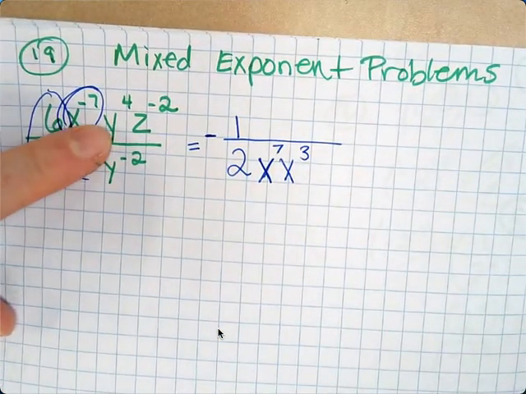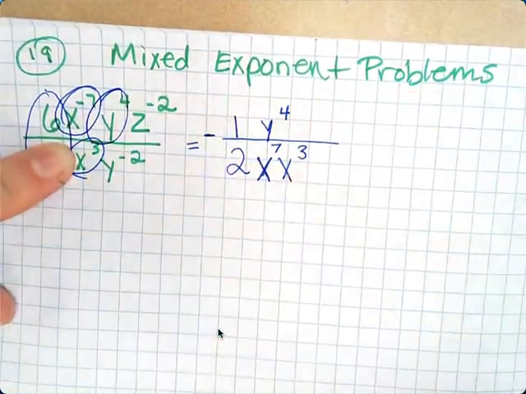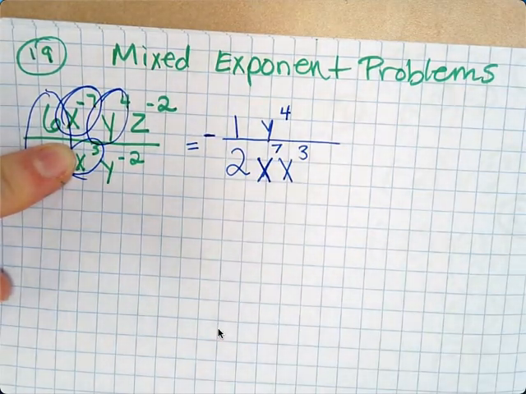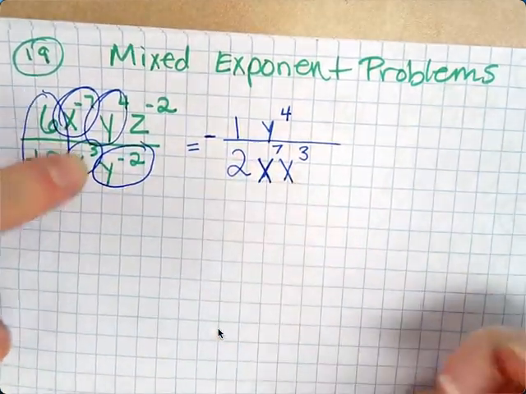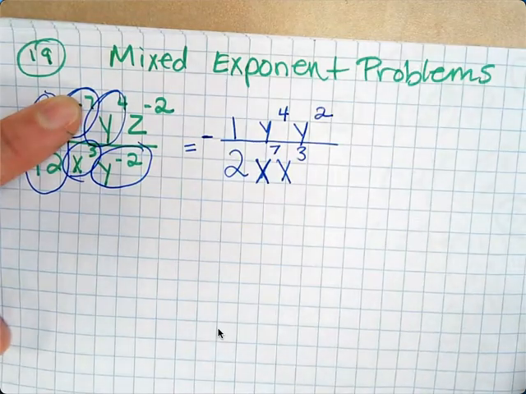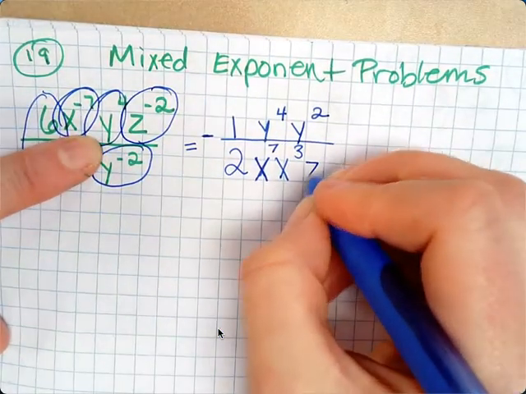Now the y's. The y to the 4 stays. I circle them as I use them, so I make sure that I'm using all of them and not getting rid of anything. Then the y to the negative 2, it's on the bottom, so it goes to the top. And then the z to the negative 2 goes on the bottom.